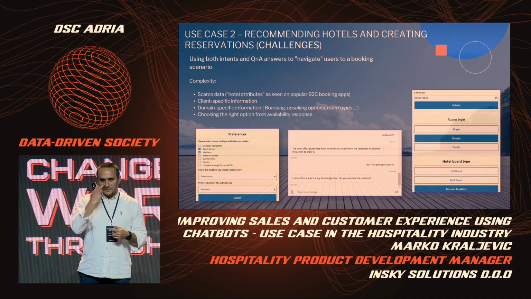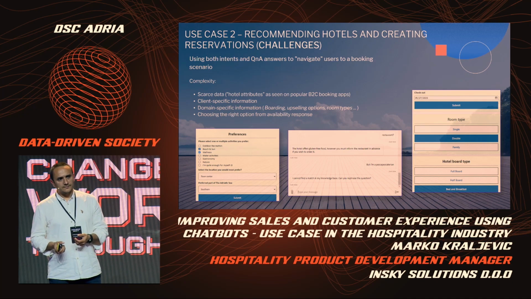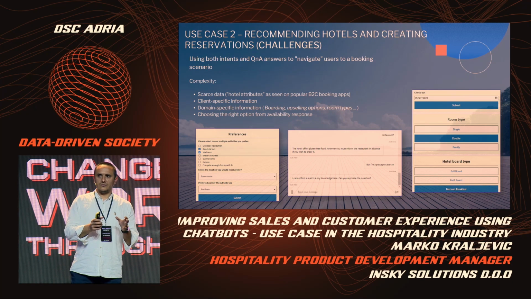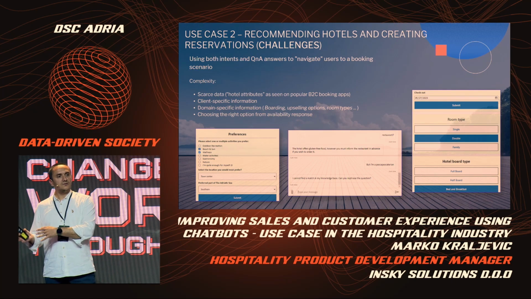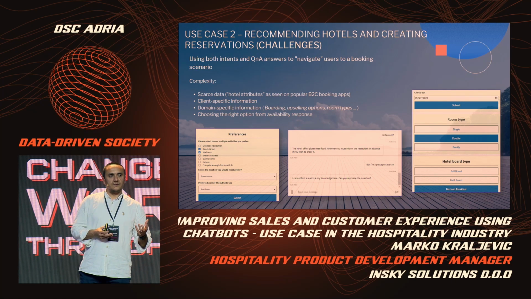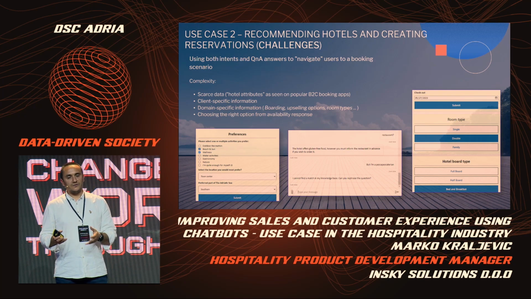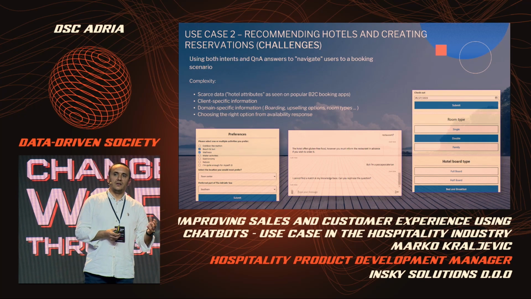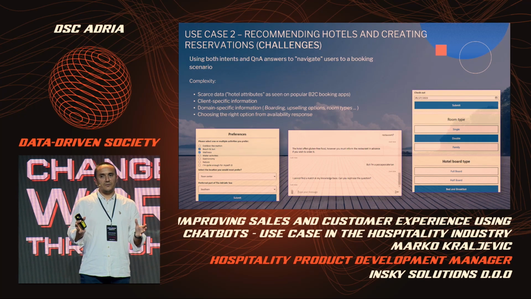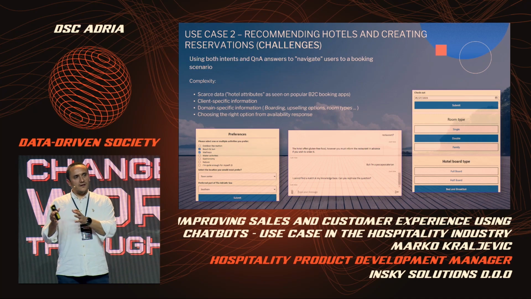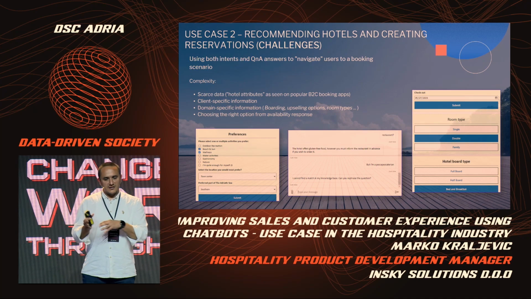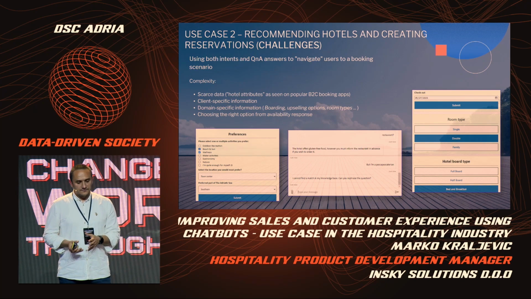All attributes in hotels, for a 3-star, 4-star, or 5-star hotel, can be the same, but the service, price, and rooms differ. There are a lot of parameters which divide the hotels for the customer.